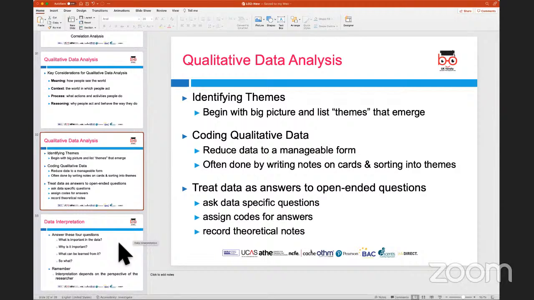So if I ask a question, what is your salary? And I give you 4 choices, 25 to 35, 35 to 45, 45 to 55, and over 55. What I've done in this case is I've asked you to choose one of the choices which have been given in the question. But if I say, what is your salary? And I put a blank there, to say, you mention it, then in that case, this is an open-ended question, because you could choose to say not applicable.